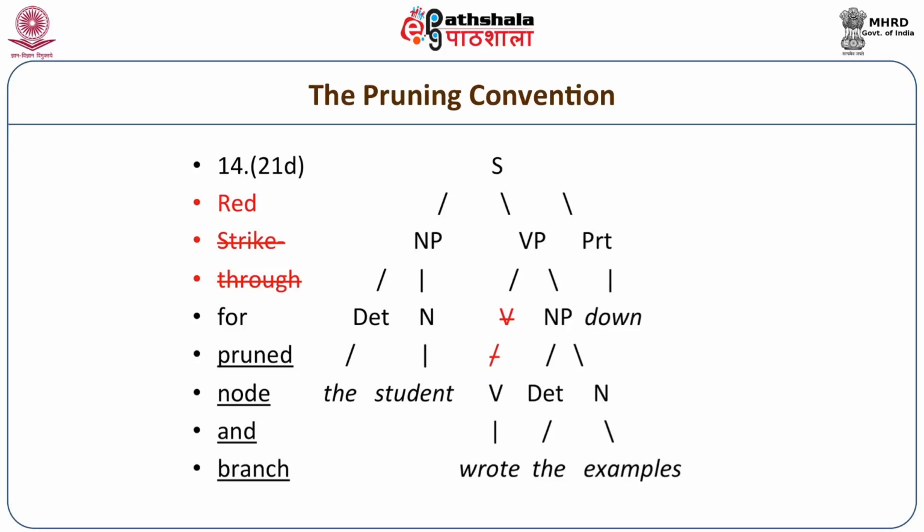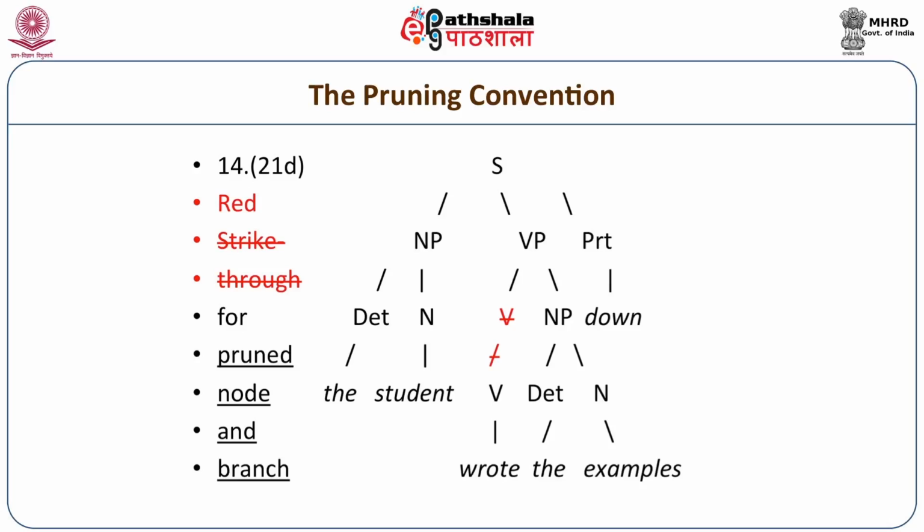Under the V there was V and particle, and under the V there was wrote, and under the particle there was down, for example, and wrote down the examples. Now when you have shifted down away, taking the particle away from this part of the tree which said V, V, PRT, leaves you with V dominating just V, and that second V dominating wrote.